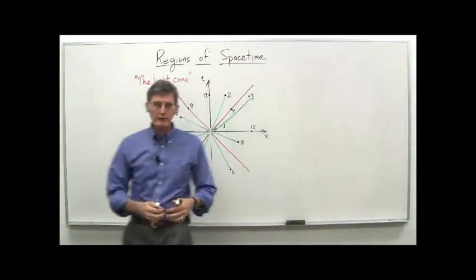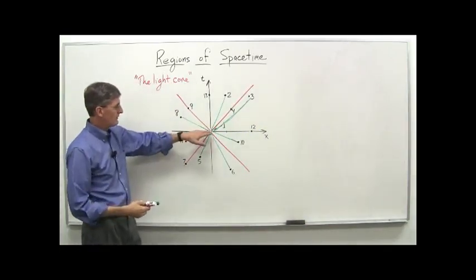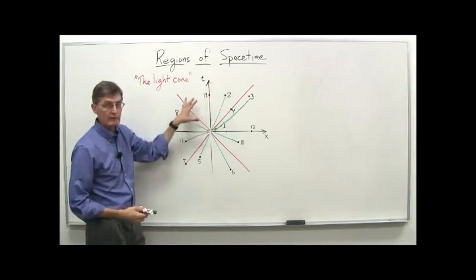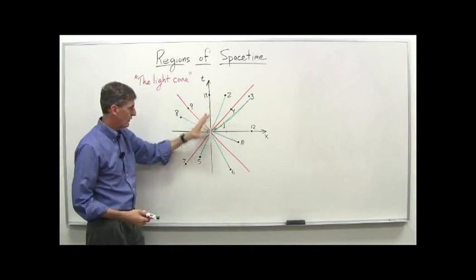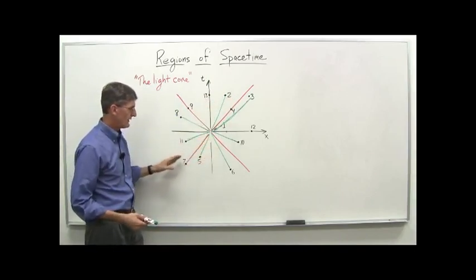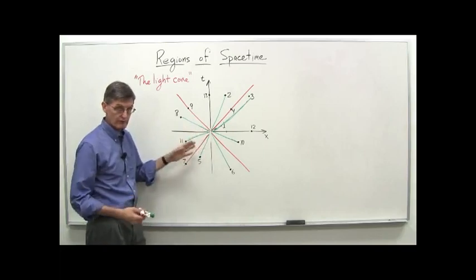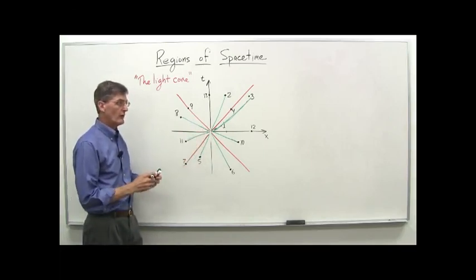Remember the questions are: I'm at point 1 here, and can I influence something later on in time and at another point in space? Or if I'm in time before point 1, where I am, can I get a message there or travel there in time to influence something at point 1?